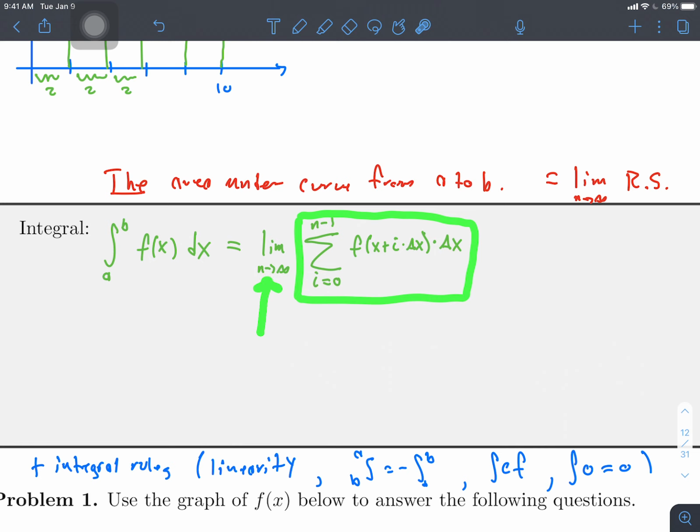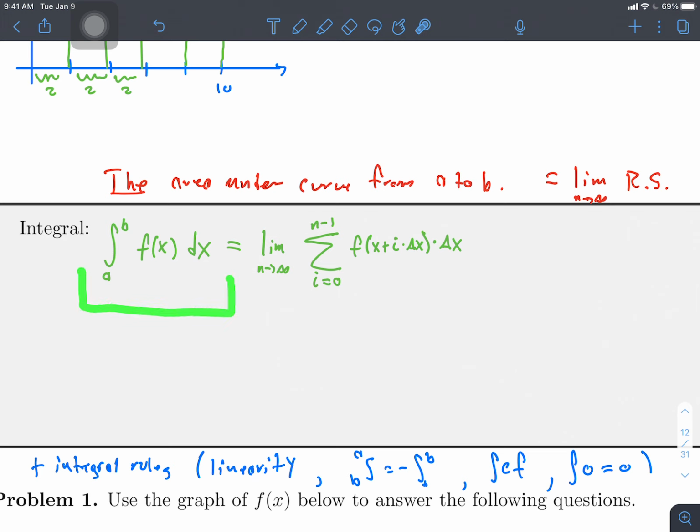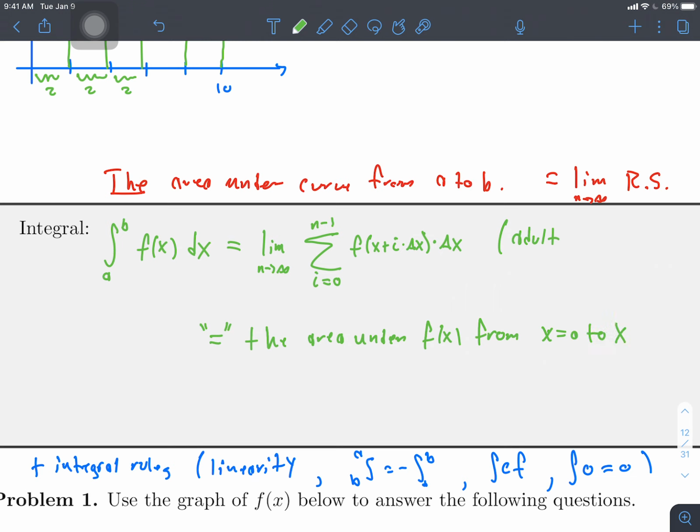If we use a steadily increasing number of rectangles to approximate this area, then our picture becomes finer and finer, and the area which we are approximating becomes closer and closer to this thing which we call the integral from a to b of f of x dx, which is roughly speaking the area under f of x from x equals a to x equals b.